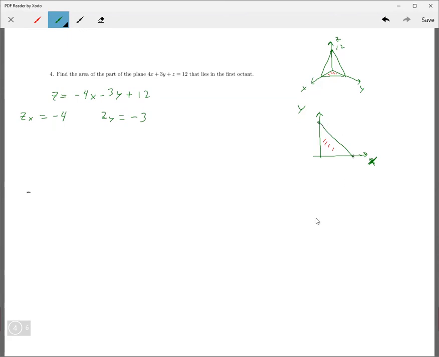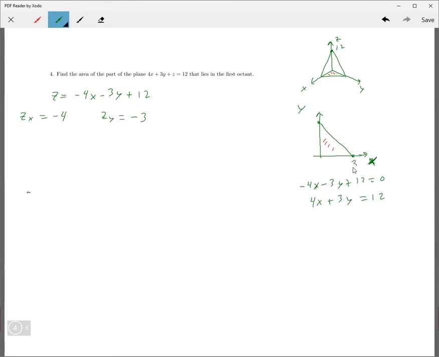Okay, so first of all, where do these intersect? What you need to do is set this equal to 0. So negative 4x minus 3y plus 12 equals 0, which translates to 4x plus 3y equals 12. When y is 0, what's x going to be? 3.